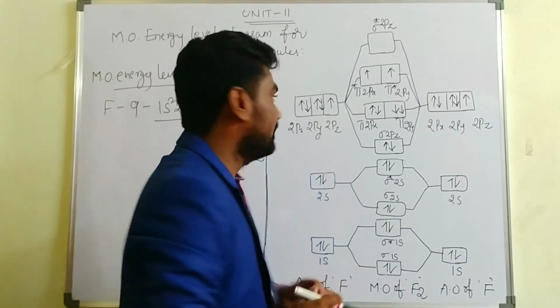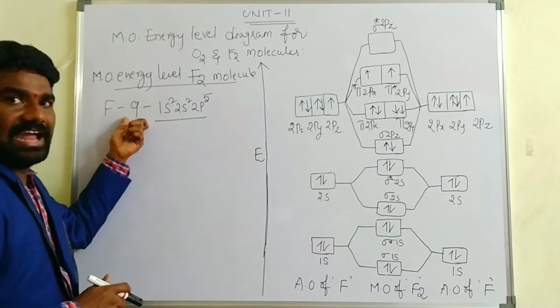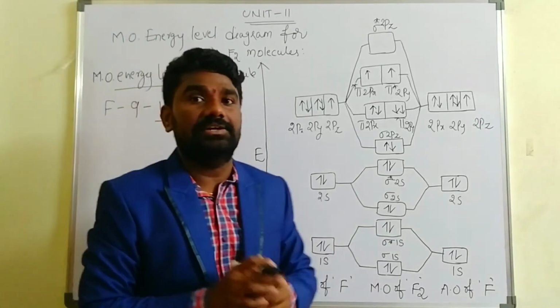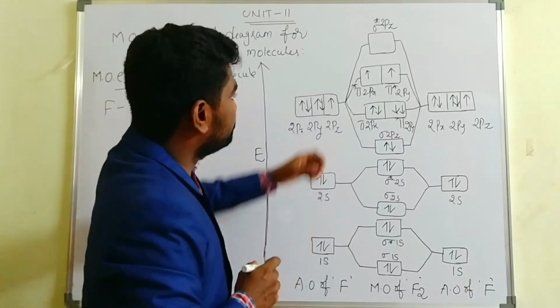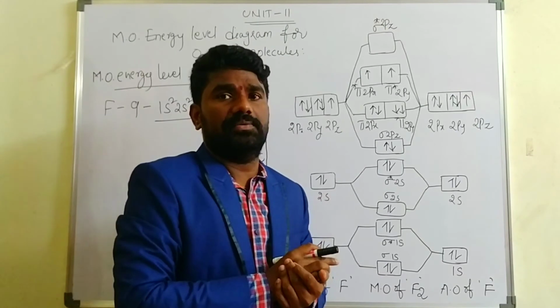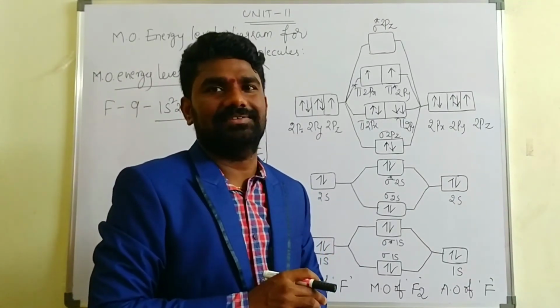But how many electrons in total in the F2 molecule? An F atom has 9, so the F2 molecule has 9 plus 9, total 18. So the fluorine molecule has 2 more electrons compared to oxygen, isn't it?